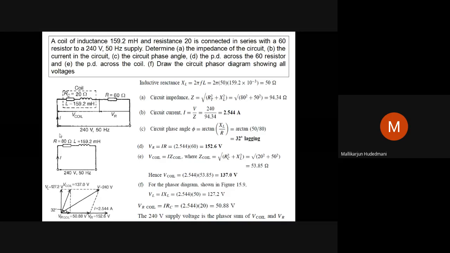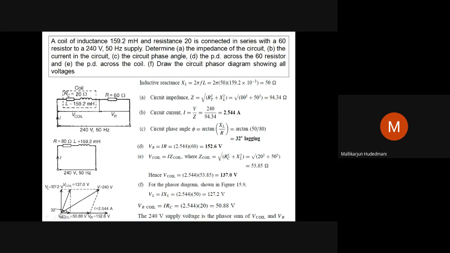Let me repeat it. To construct, I into RC, just say VRC. Then I into XL perpendicularly upward. Can you see this? Then take the resultant of these two vectors, which becomes the diagonal, 137.7, because we got the answer here. Simply we have to represent it geometrically. Then this V coil, when I add with VR vectorially, I'll get 240.